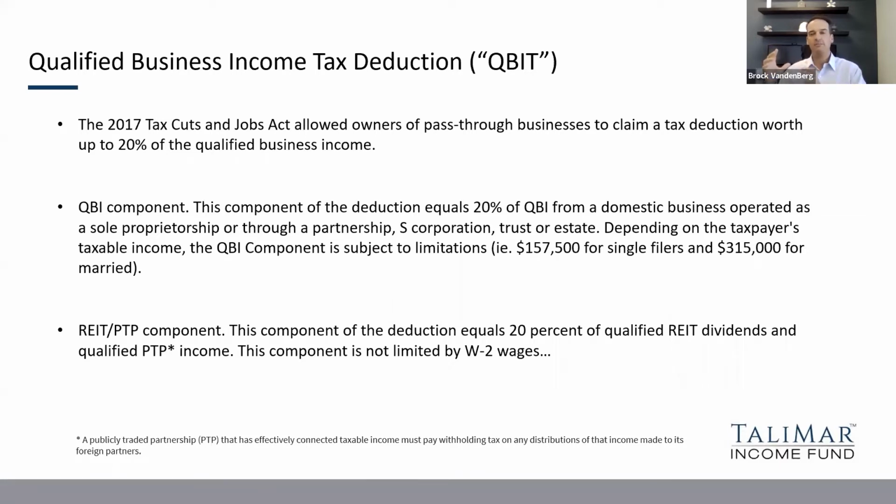So what they said is, the income generated that flowed down to the owners from these entities, 20% of that income can come as a tax deduction. Now, that's a great tax deduction.